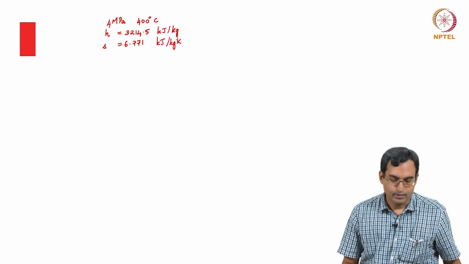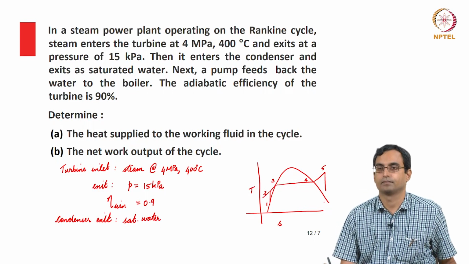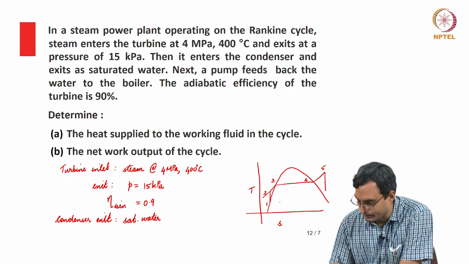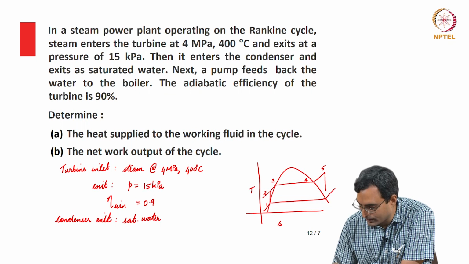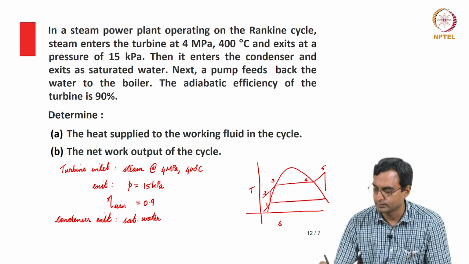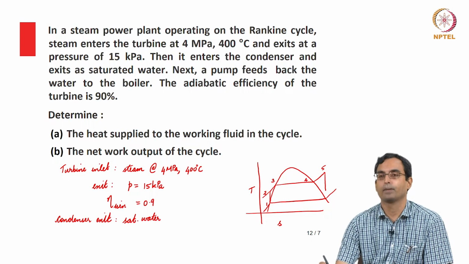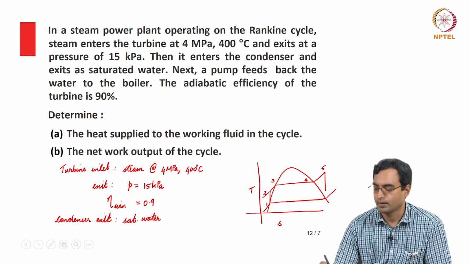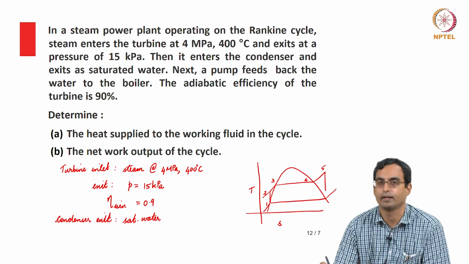So, I need to find out where this end point is from 5. So, let me just draw some kind of a schematic. This would be the constant pressure line going through 1. This will go something like this. I know the entropy over here. In the ideal process, the entropy at the end of this process should be the same as the entropy here.